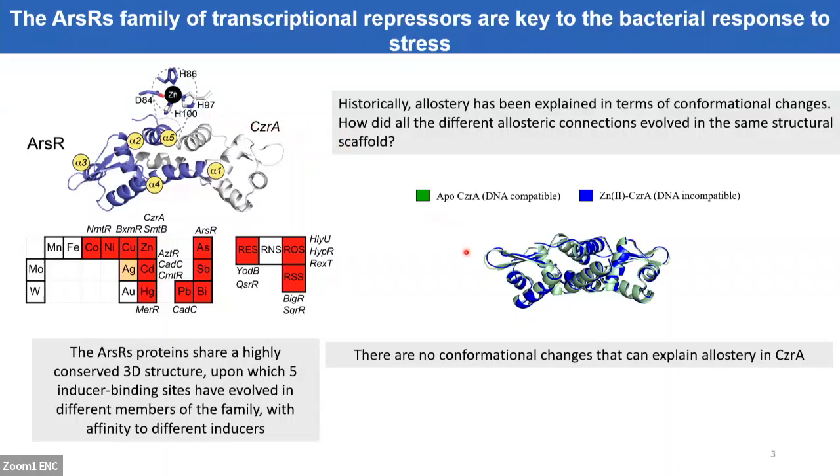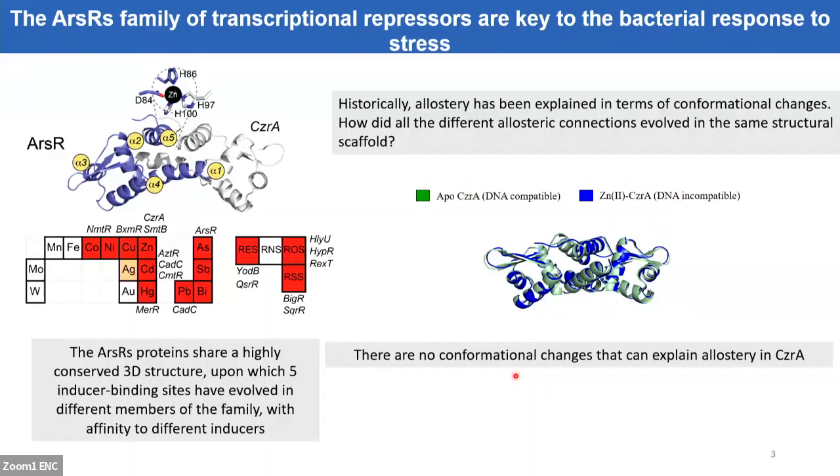When we looked into this in a protein called CCR8 from the pathogen Staphylococcus aureus, which is a zinc binding sensor, and we solved the structures of the apo and the zinc bound form, we saw that both structures are highly similar, both for the DNA compatible form, which is the apo form of the protein, or the DNA bound form. So there are no conformational changes that can explain allostery in this protein.